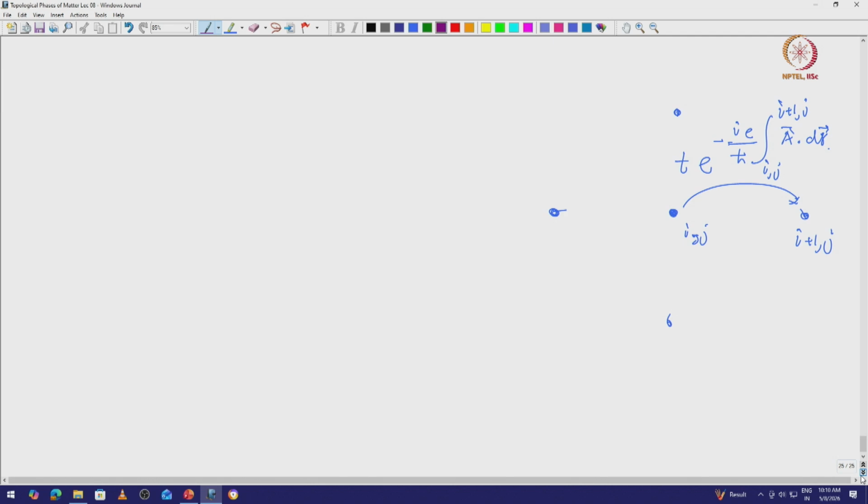So, what we will do is t for hopping from i j to i plus 1 j is equal to the original t e to the power minus i, okay.